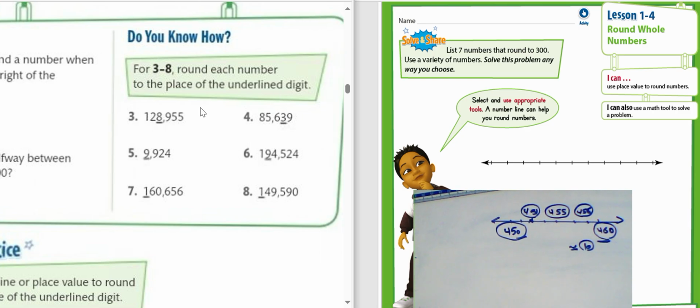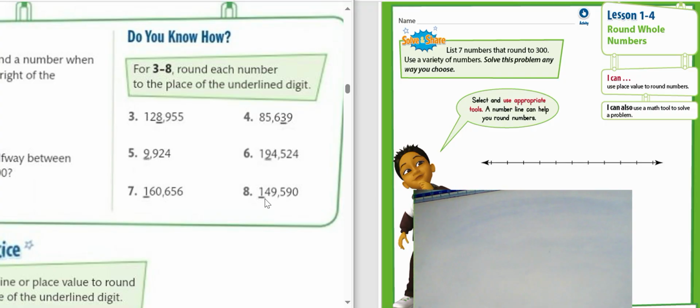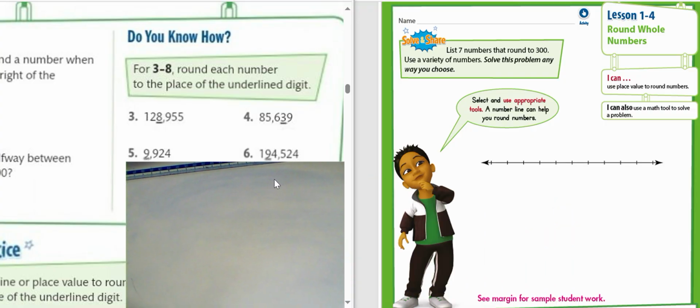The underlined digit: to the nearest thousand, this number to the nearest tens, this number to the nearest thousand, and here 10,000, and this digit lies in 100,000, and this digit lies in 100,000. Okay, I will solve all these questions now, and I will give you the answers.